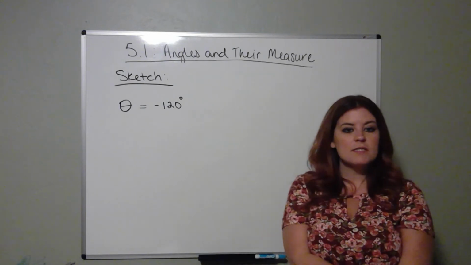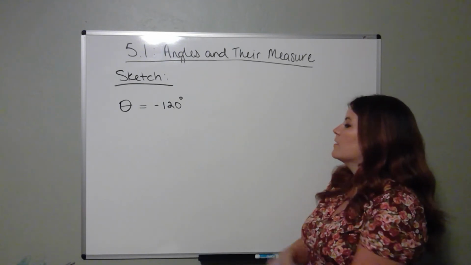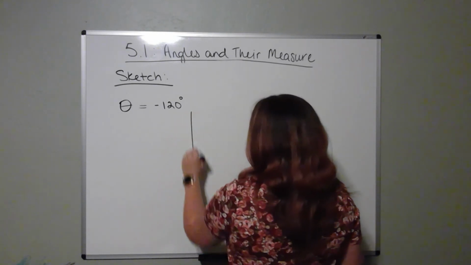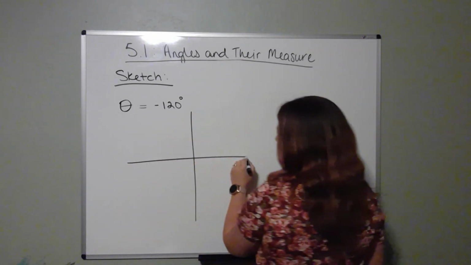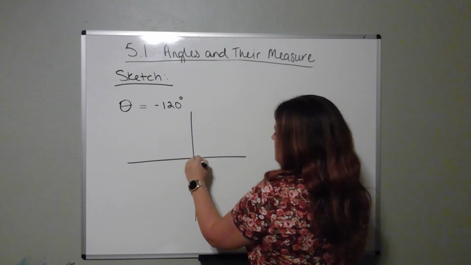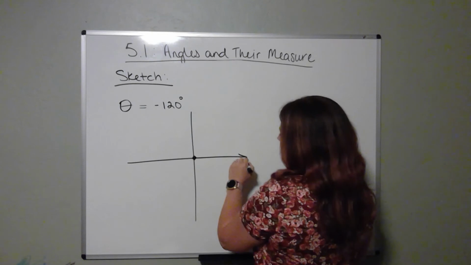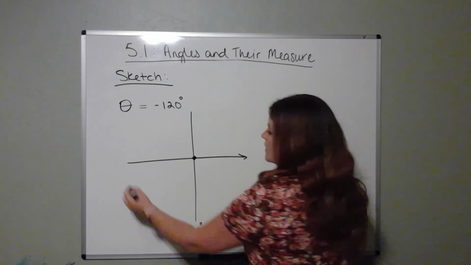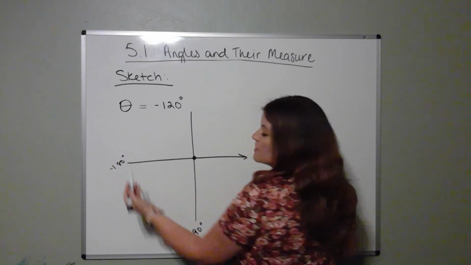All right, so I want to find coterminal, sorry, I guess we can sketch it also. Negative 120, this is pretty easy to sketch actually. Starting on the initial side, remember this is negative 90, if we're going in the negative direction, this is negative 180, so it's between the two.